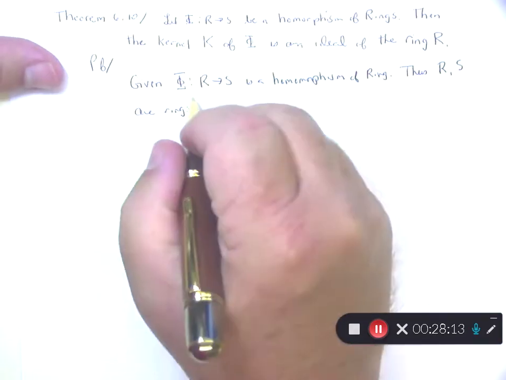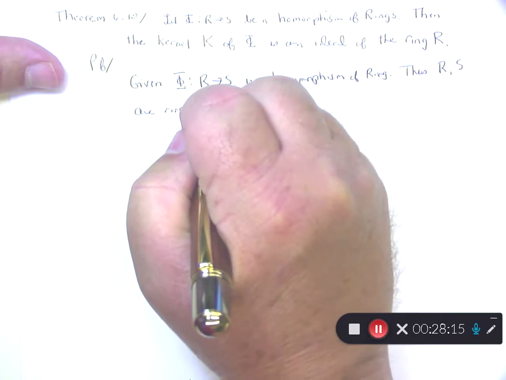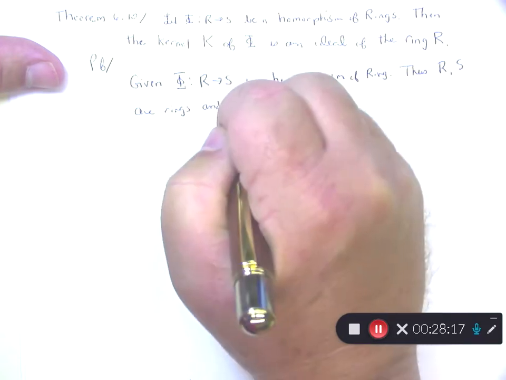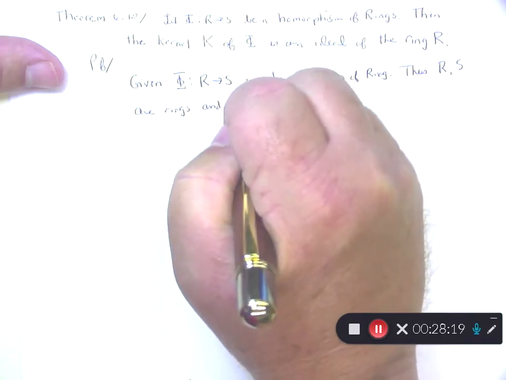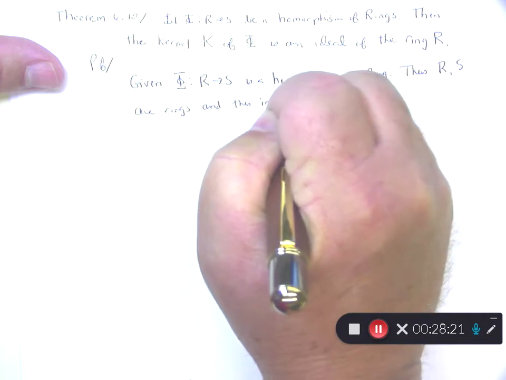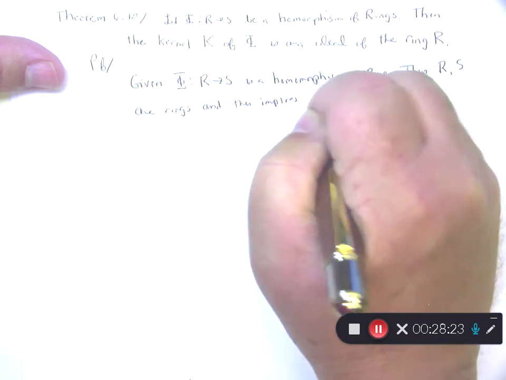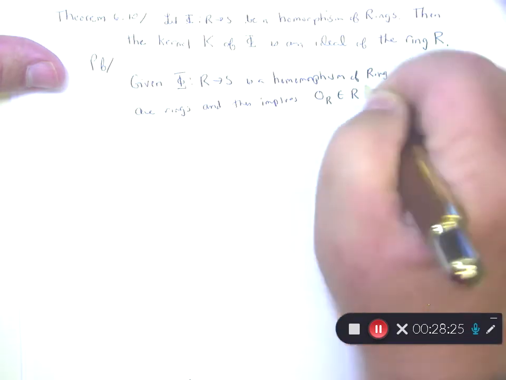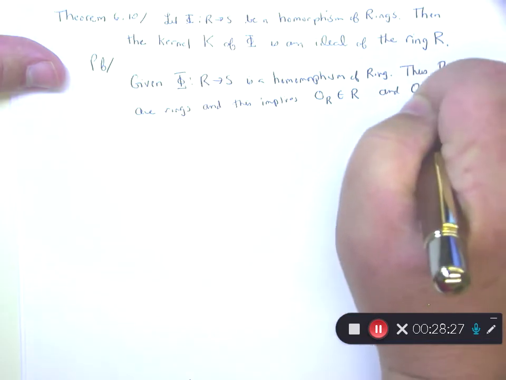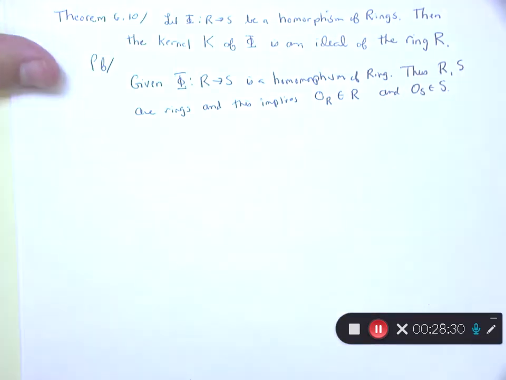Okay, and this implies, since they're rings, 0R will be an element of R, and 0S is an element of S. If they're rings, they have a 0 element. I will denote it, as I always do, that 0R is an element of R, and 0S is the element of S.